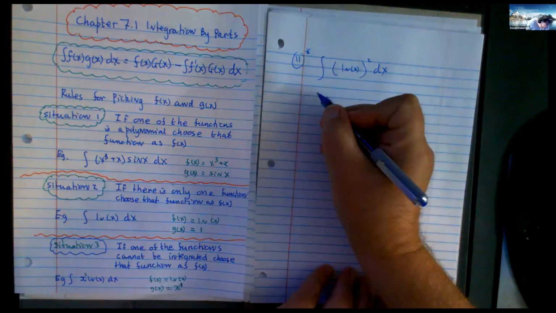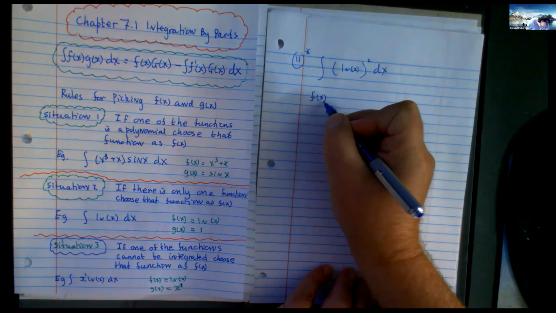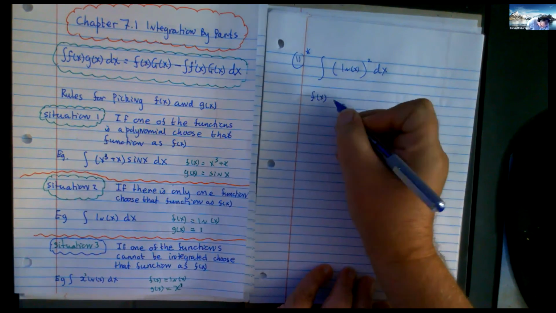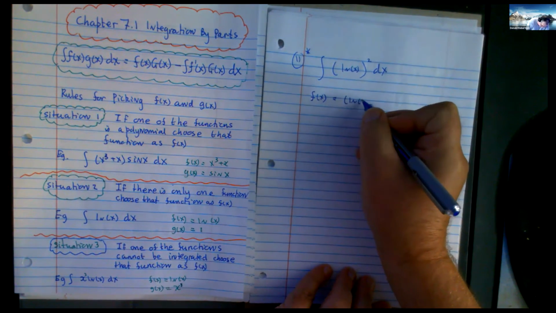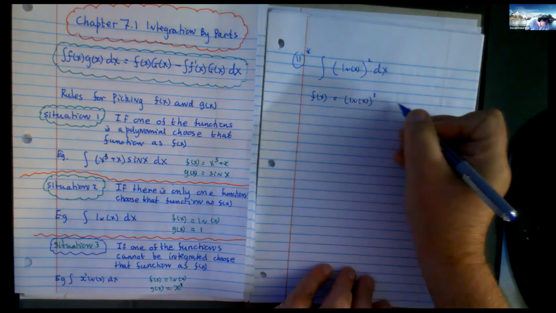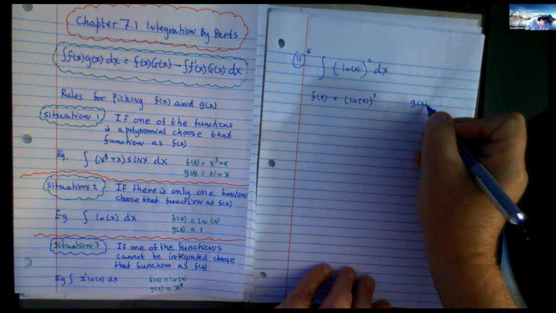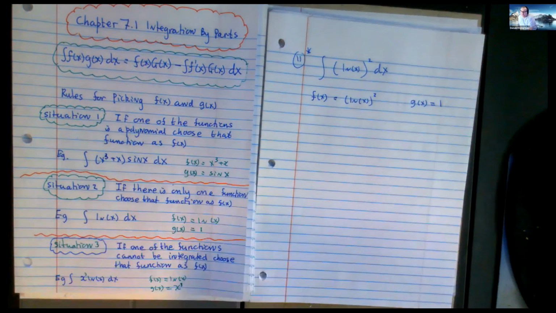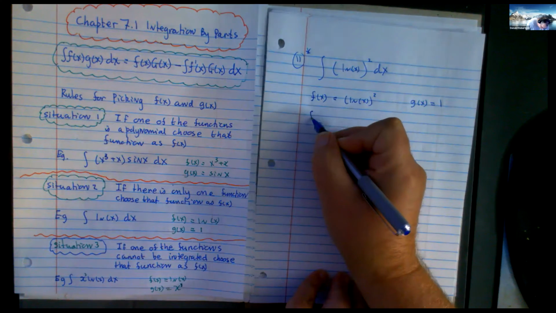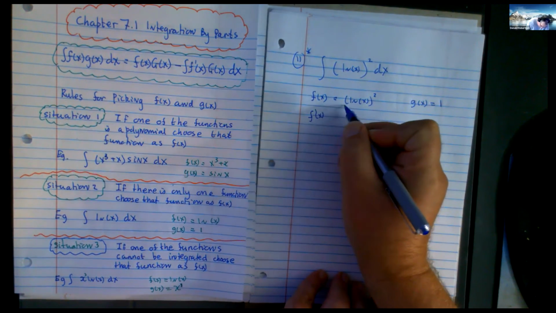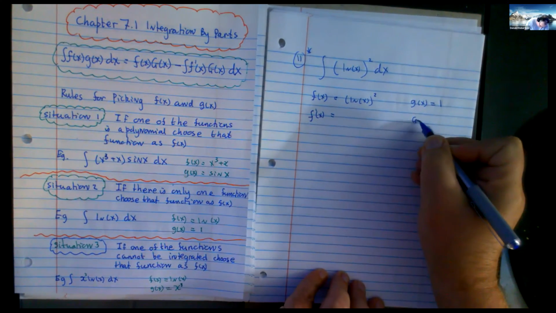So in situation 3, if you can't integrate anything, in this case there's one function you can't integrate, I guess it also qualifies as situation 2, doesn't it? So it's a bit of A and a bit of B. Now, the derivative of this guy is not going to be pretty. The integral of this guy is.